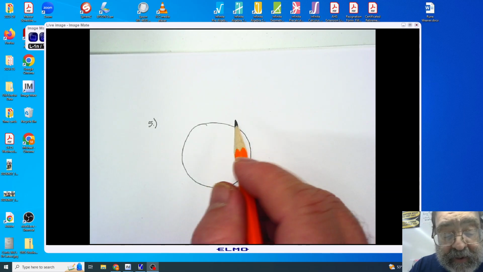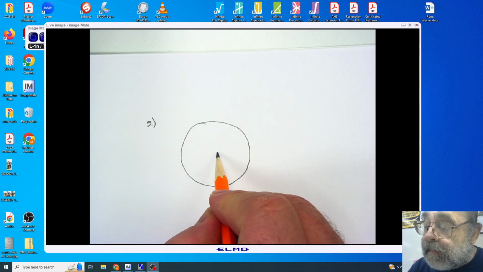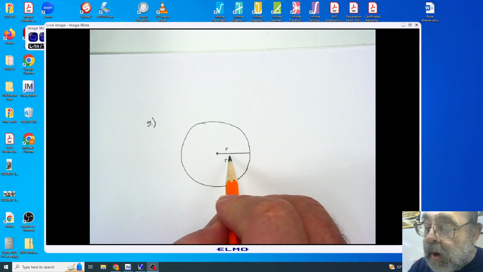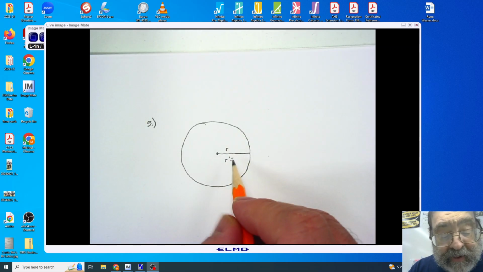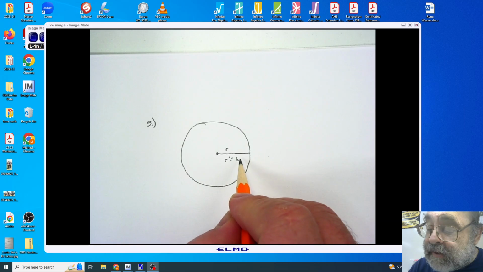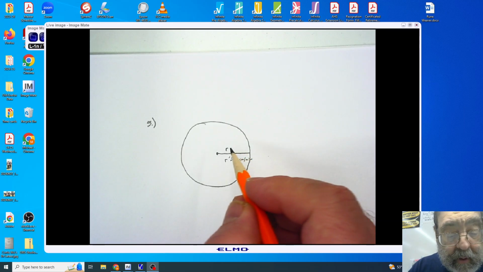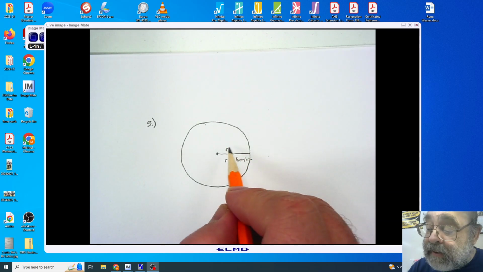And the radius is increasing at a rate. Here's my R and R prime. R prime is increasing at a rate of 6 centimeters per minute. And we are told that our radius is 9 centimeters.